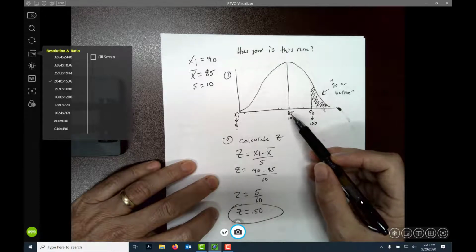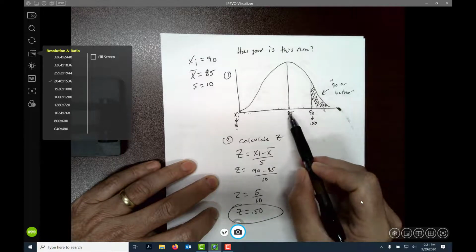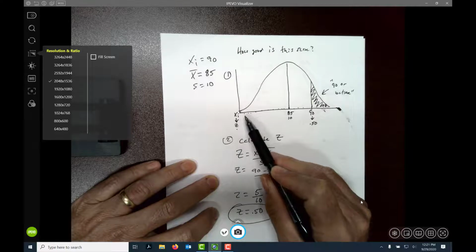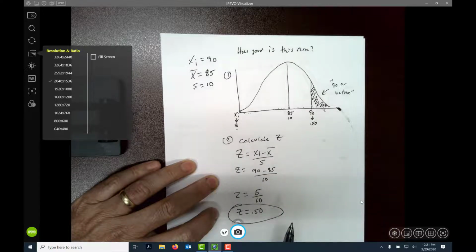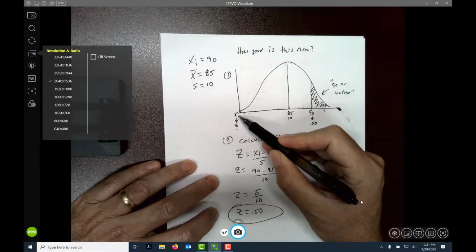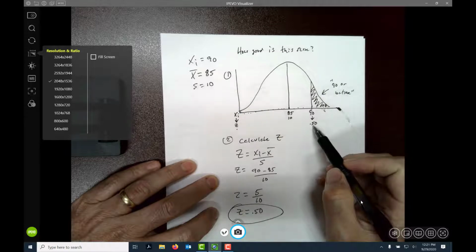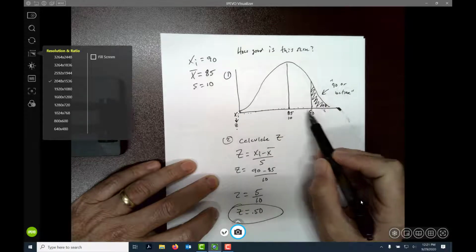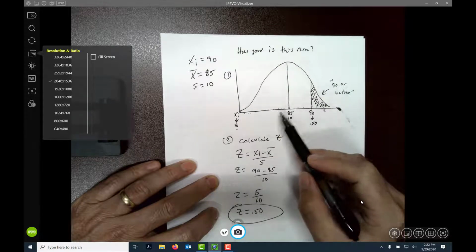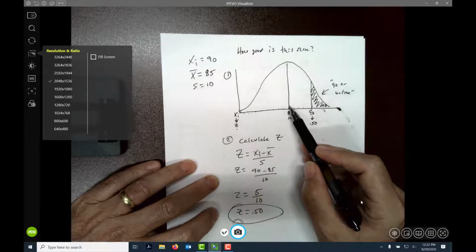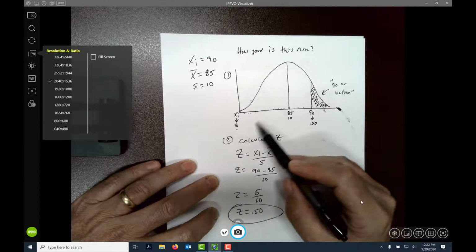Also notice that a z-score that corresponds with a score that's below the mean will always be negative. So when you see a negative z-score, that's referring to a score that's below the mean. So z-scores that are positive refer to scores that are above the mean. Z-scores that are negative refer to scores that are below the mean.